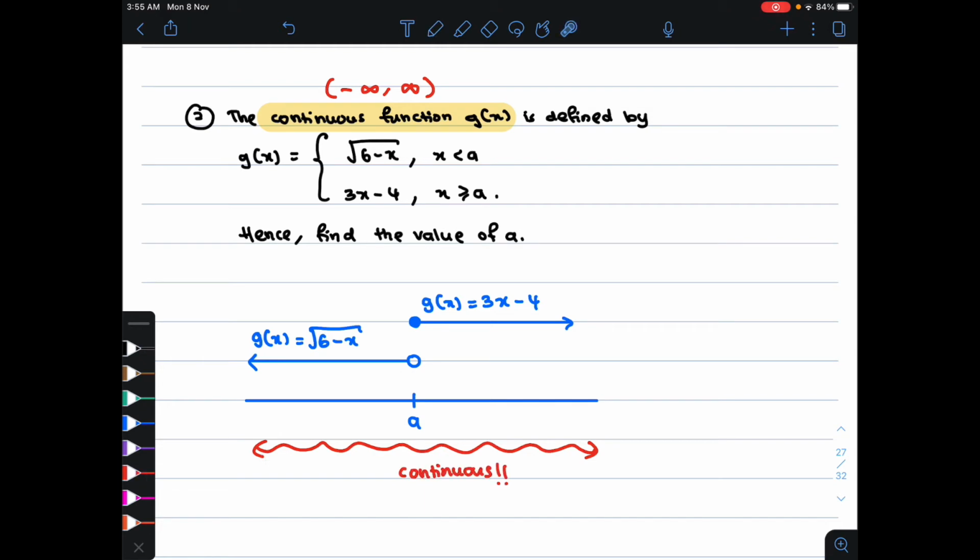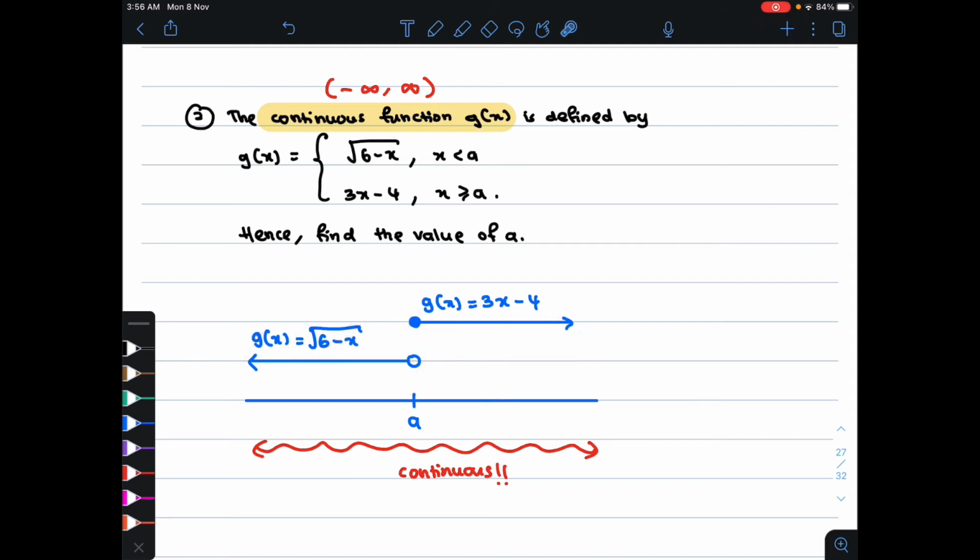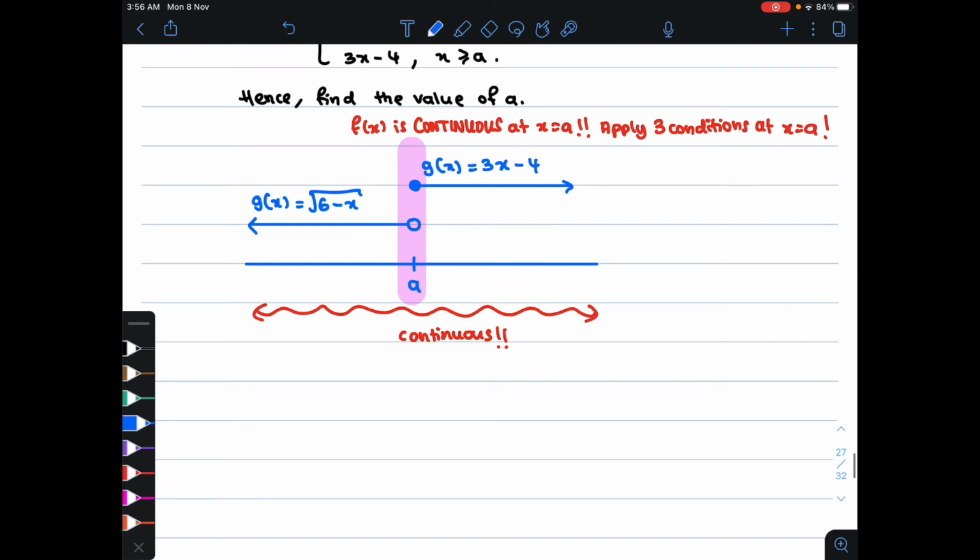So if they are continuous from negative infinity until infinity, this means that at x equal to a, they are also continuous. And hence, you can apply the three conditions at x equal to a. Condition 1, g(a) is defined. So you know that g(x) is continuous at x equal to a.